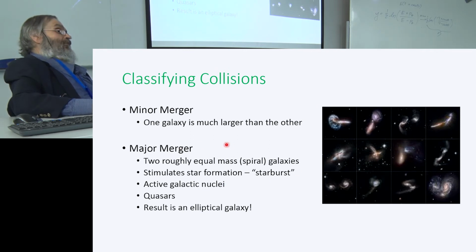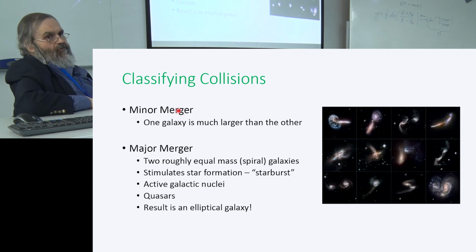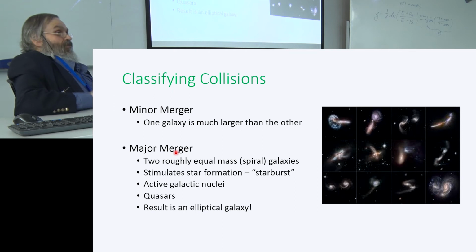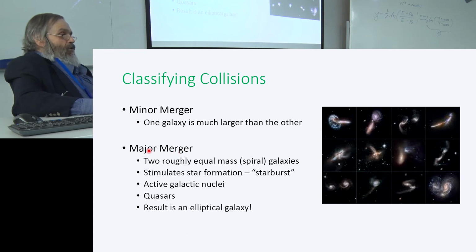Now you can classify your collisions. I don't find this the most satisfying stuff, but nevertheless, there are minor mergers and major mergers, and there are wet ones and dry ones, and you'll never guess, there are damp ones. A minor merger is where one galaxy is much, much larger than the other, so it's just a minor perturbation to the big galaxy. A major merger is where they're roughly equal masses, so it's a big effect on both galaxies.